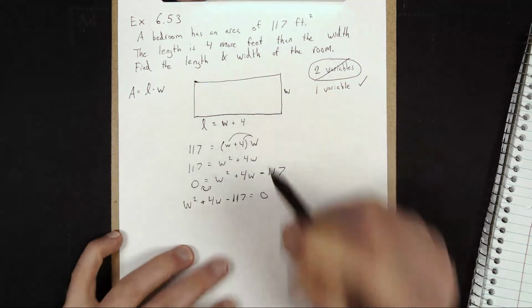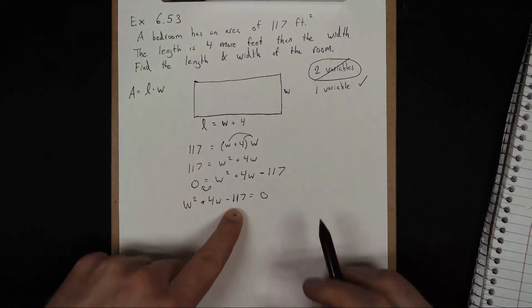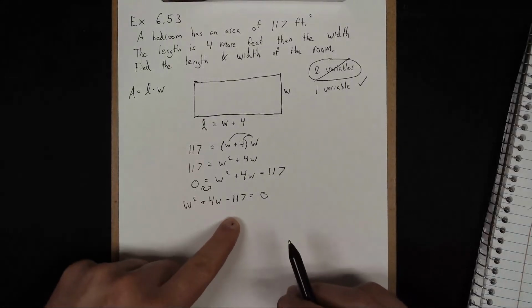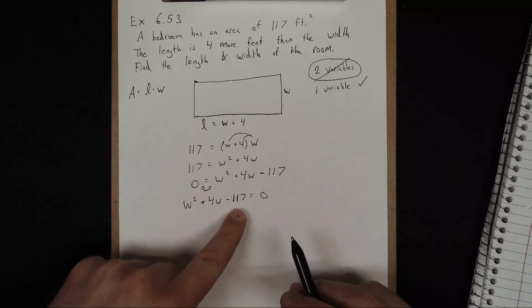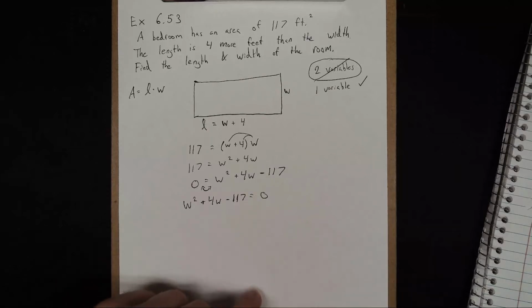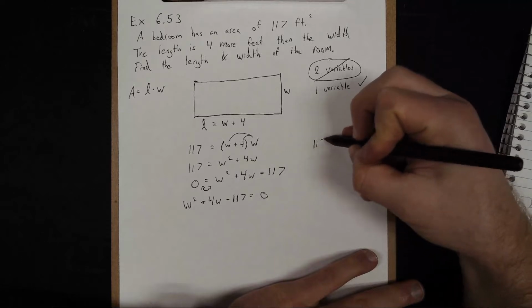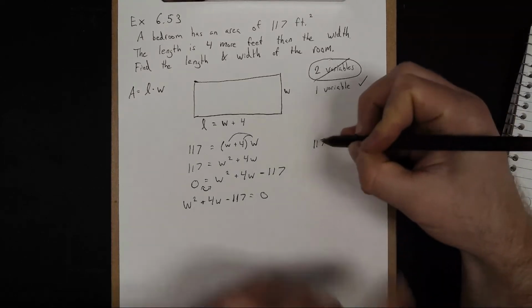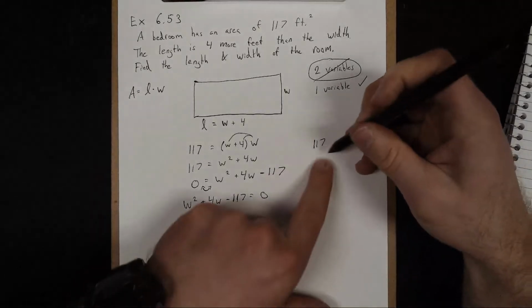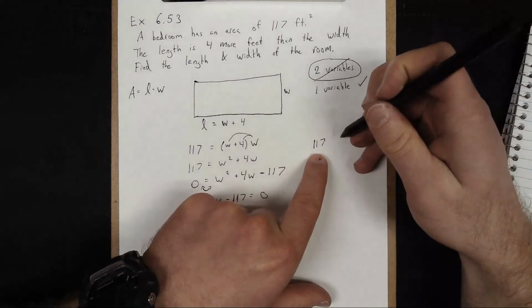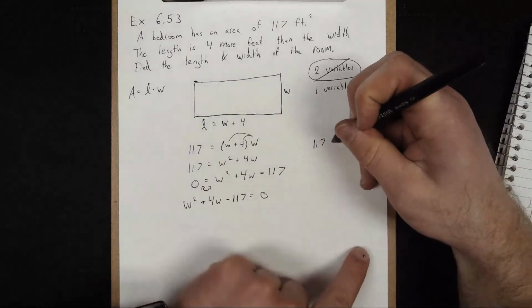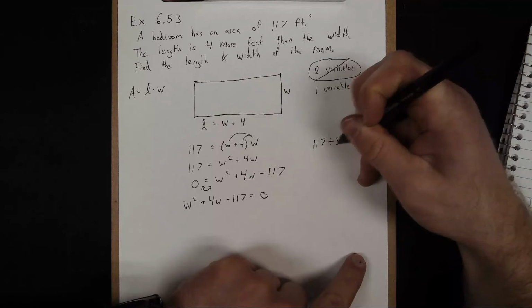Okay, so now we need two numbers that multiply to be negative 117, add to be 4. You could do this other method that I showed you, right? Divide by numbers, so let's do that quick. 117. When we are worried about what goes into 117, I don't care about negative, so I'm just going to do positive. So I'm not going to divide this by 2. Let's divide it by 3, see what we get.